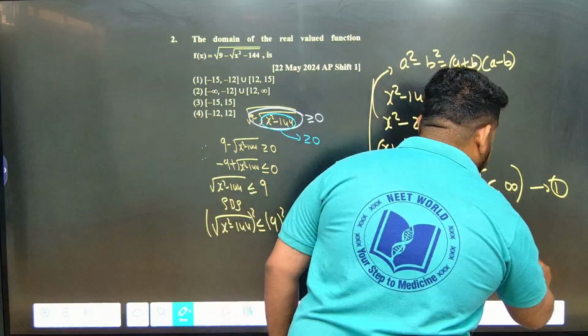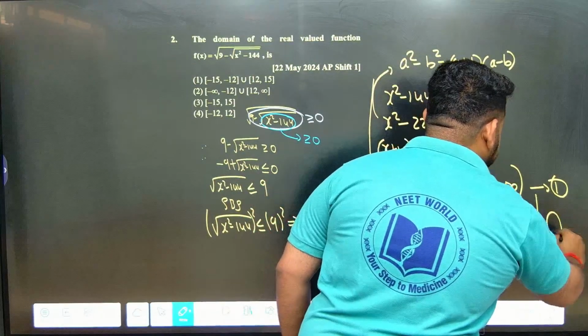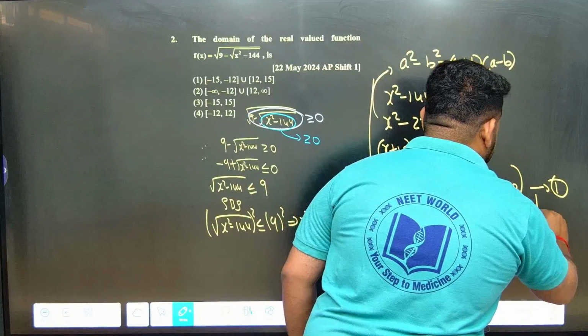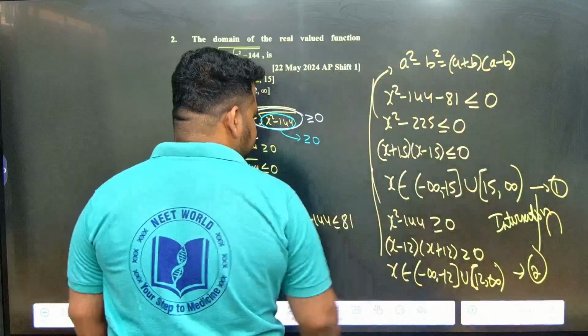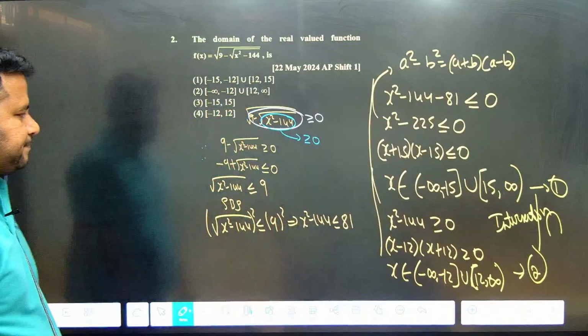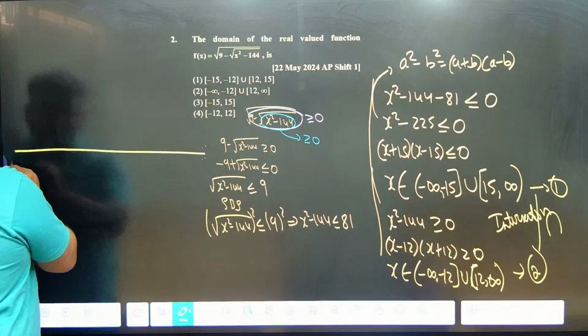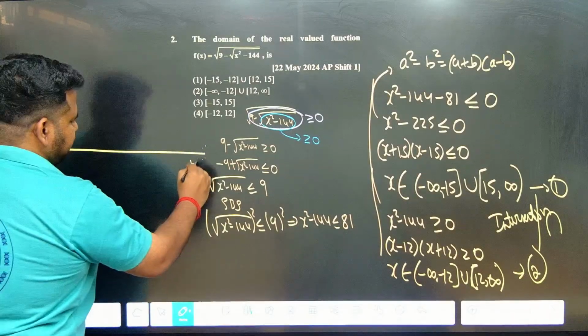Now for 1 and 2, I should do the intersection. For this intersection, let us write down the points in the form of the wavy curve method. This will be minus infinity and this will be plus infinity, friends.